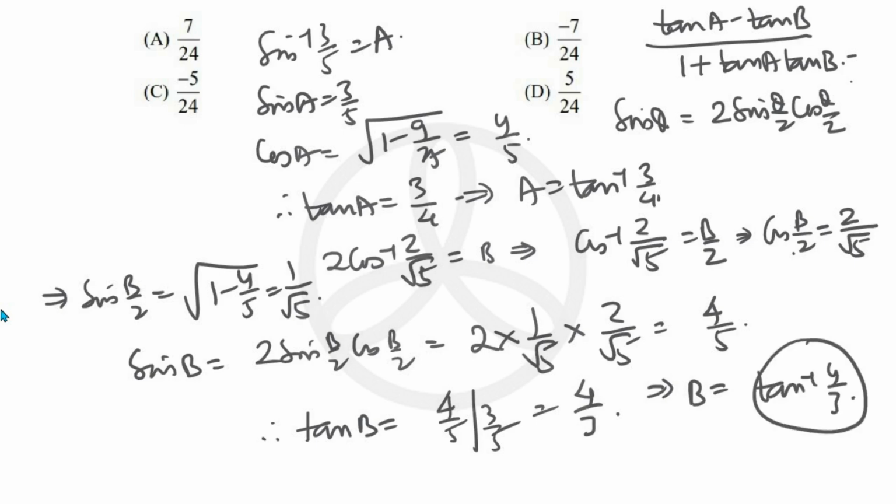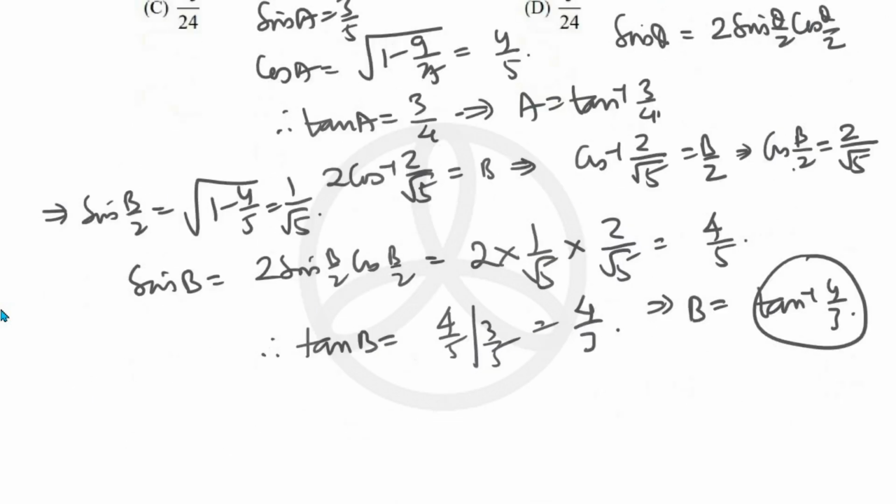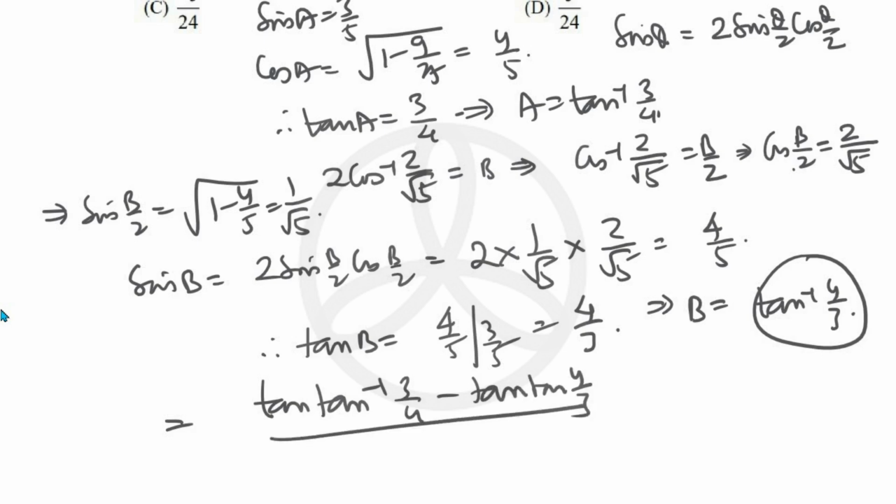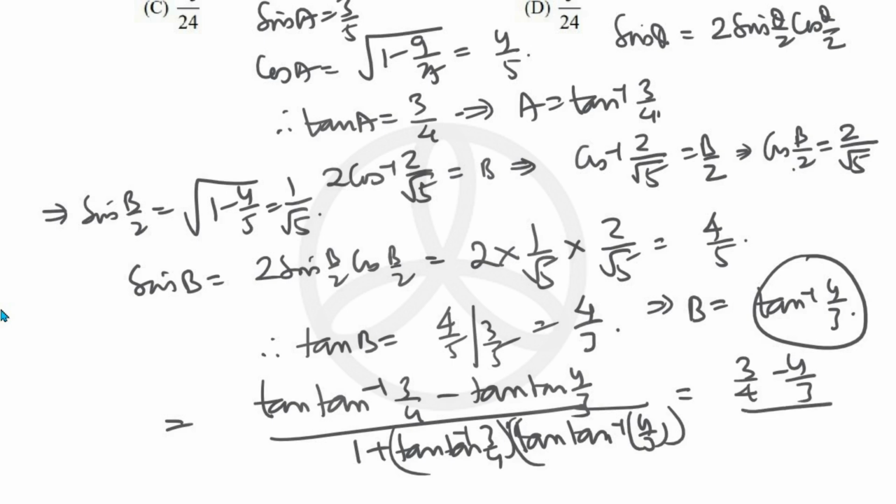Now, we have to apply this in the formula, which is tan a minus tan b over 1 plus tan a tan b, and simply this will simplify to tan of tan inverse 3/4 minus tan of tan inverse 4/3 divided by 1 plus tan of tan inverse 3/4 times tan of tan inverse 4/3. Numerator: 3/4 minus 4/3, 9 minus 16 over 12, denominator: 1 plus 1 is 2.